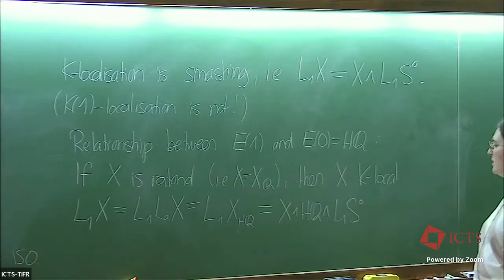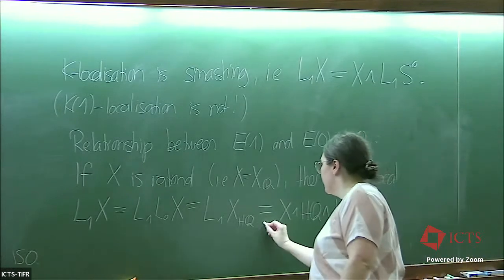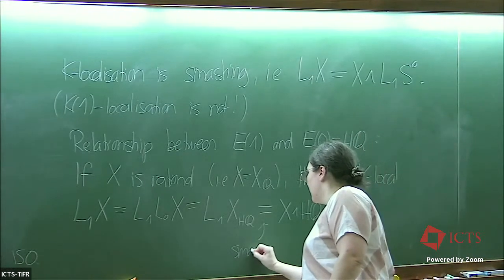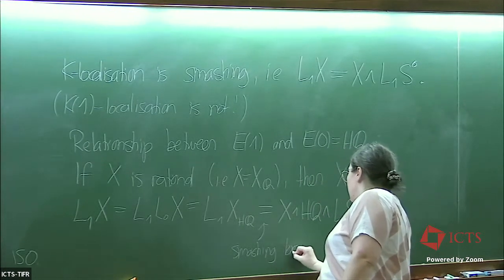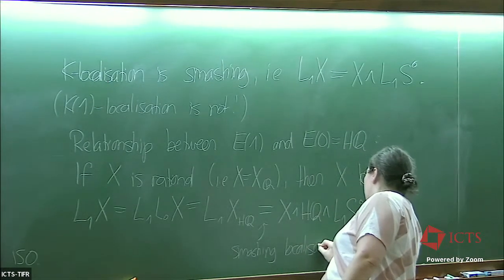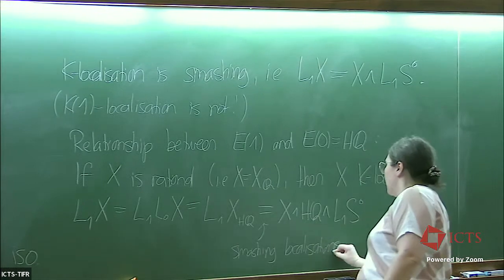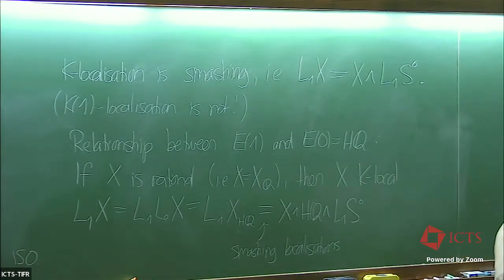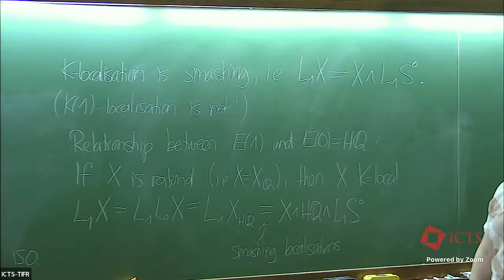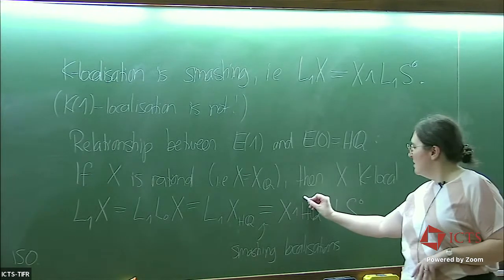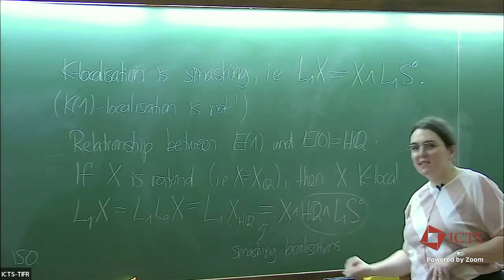So I've just written down that you have a smashing localization, or two smashing localizations. And then you can hopefully have a look at it, stare at it for a moment, if you can see it. And now we can look at what this is.